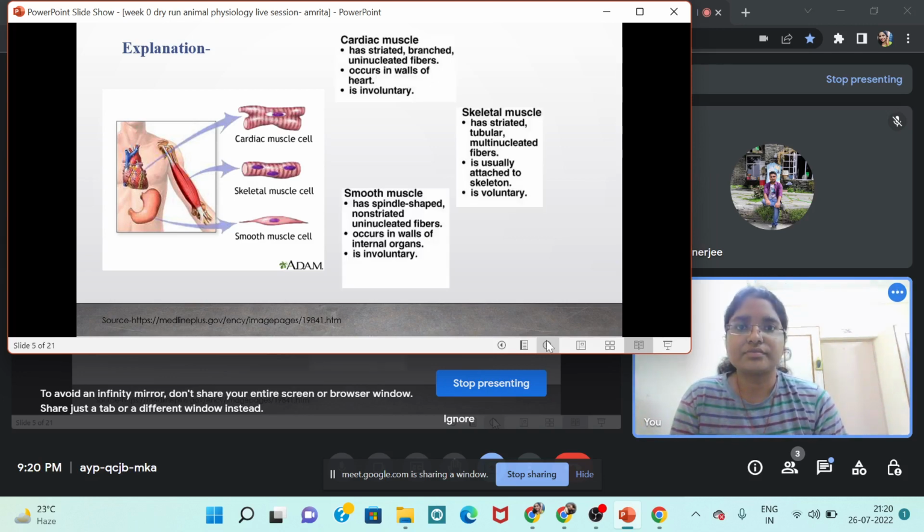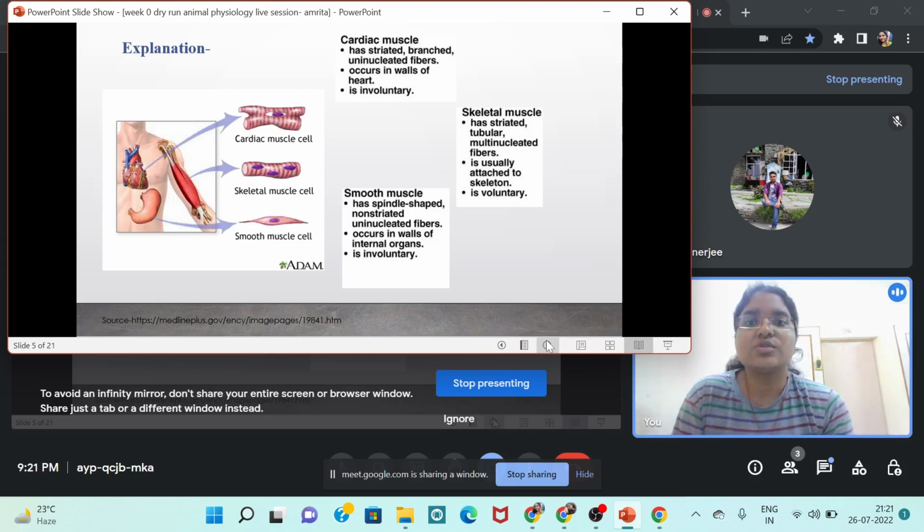Cardiac muscles and smooth muscles both are involuntary muscles, whereas skeletal muscles are voluntary in nature. And cardiac muscles and skeletal muscles are the ones which are striated, whereas smooth muscles are non-striated muscles, which was the question. So the correct answer is smooth muscle cells.